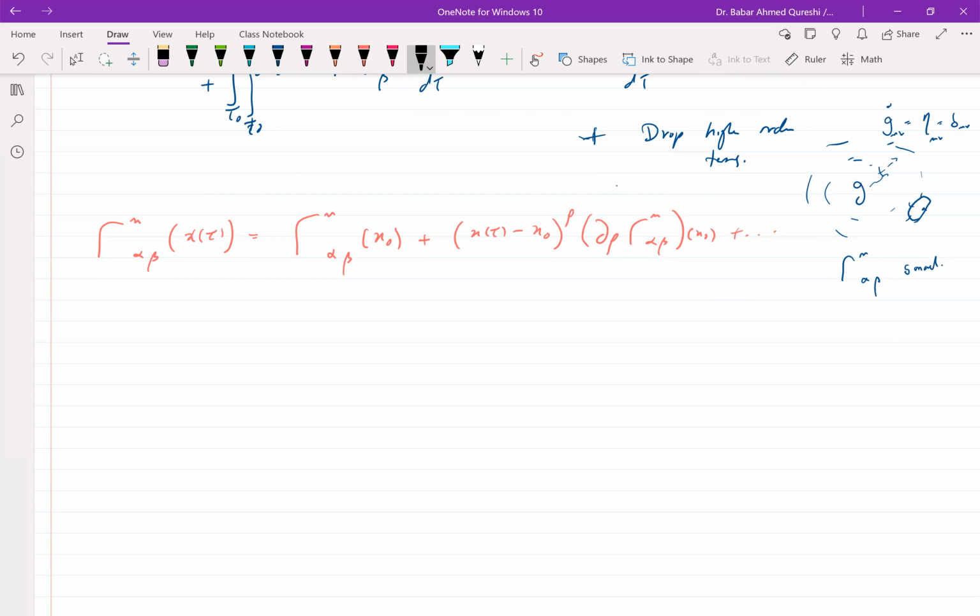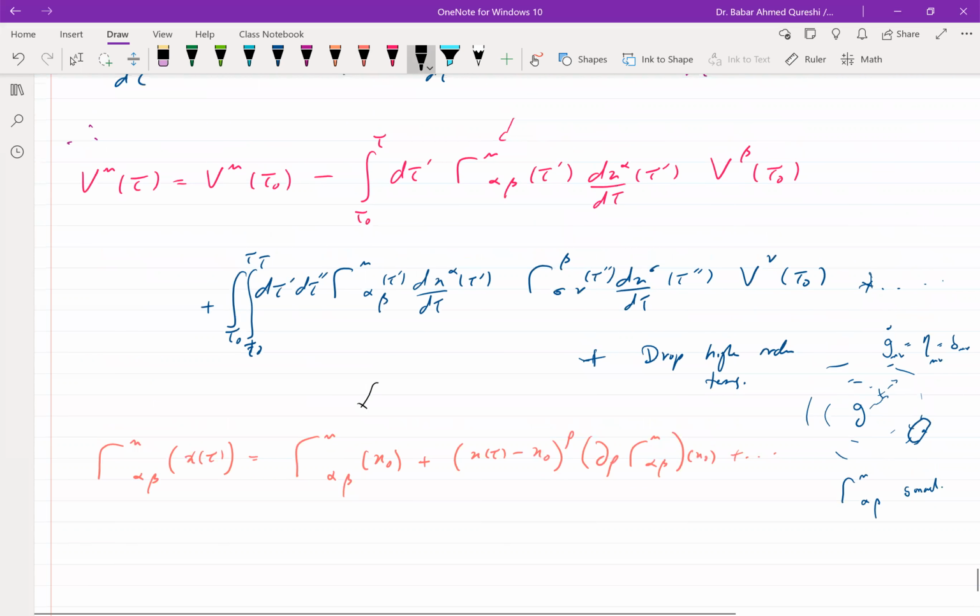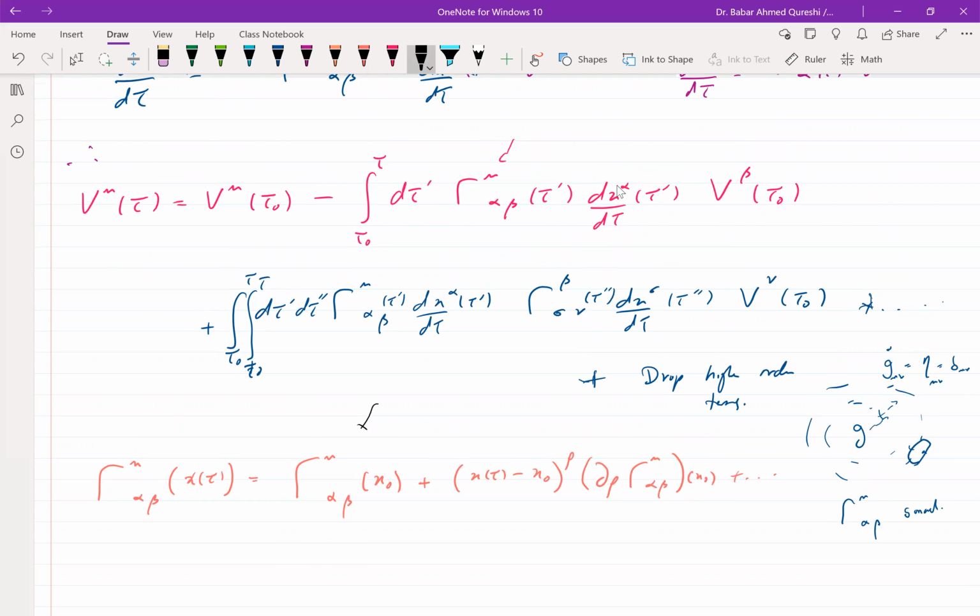Now, the linear term will get contribution only from the first integral. So the first integral over here, when I plug this value in, I'll have an integration coming from this x dependence, but from this, there will be no integration, at least on the Christoffels.